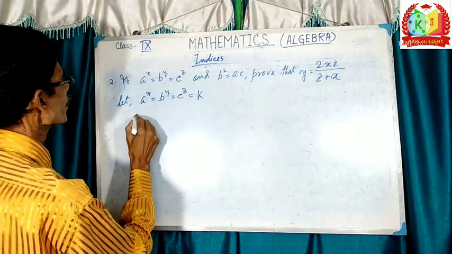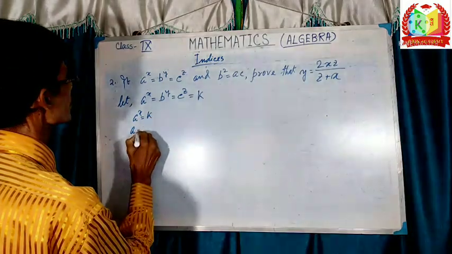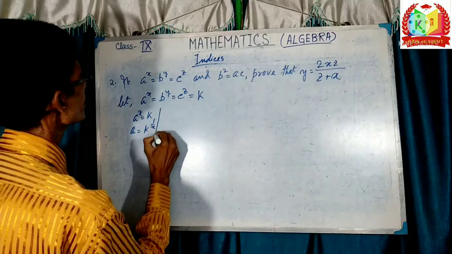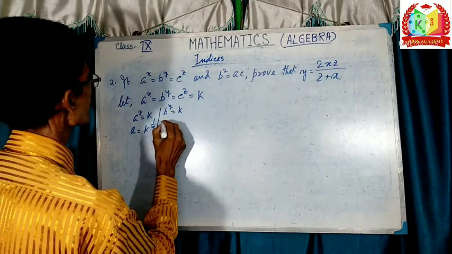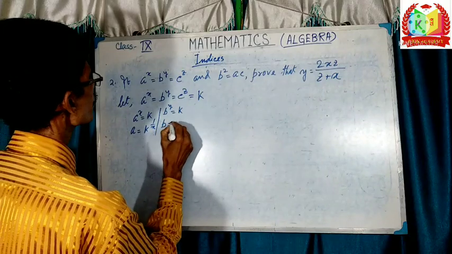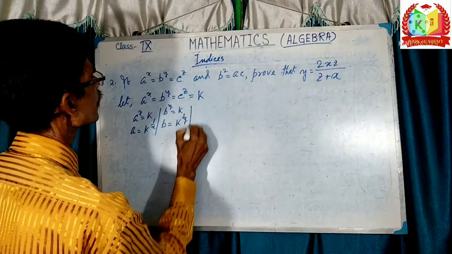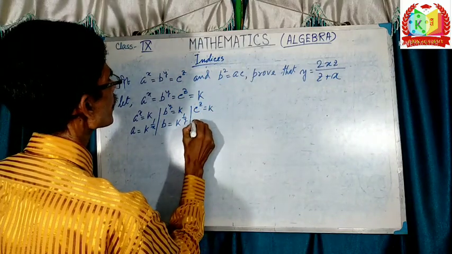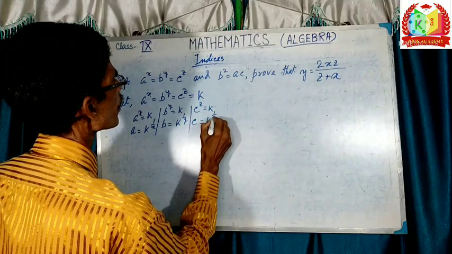So a to the power x equal to k, a equal to k to the power 1 by x. Similarly, b to the power y equal to k, b equal to k to the power 1 by y, c to the power z equal to k, c equal to k to the power 1 by z.